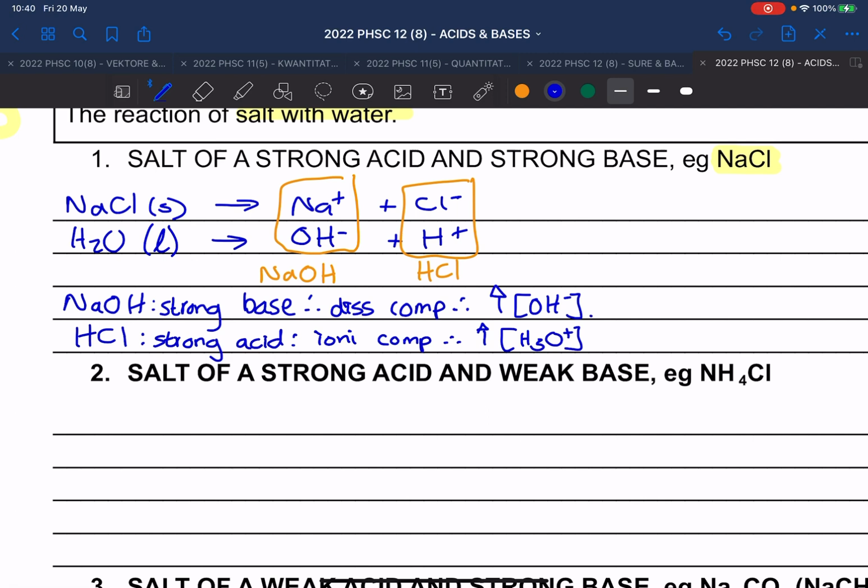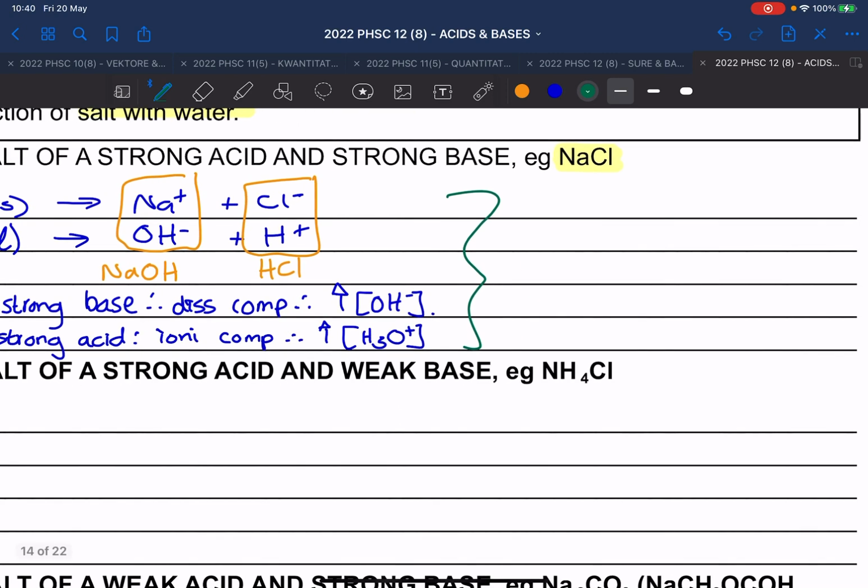So technically, the concentration of the hydroxide ions will be more or less the same as the concentration of the hydronium ions, or you could have written down hydrogen ions. Same thing. So their concentration will more or less be the same. It's not that you have more acid or more base. And that means that your pH will be more or less 7.